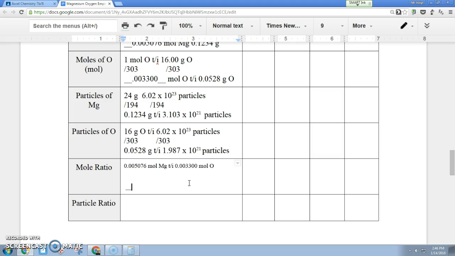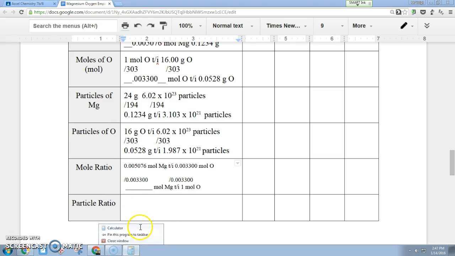So I'm solving for moles of magnesium for 1 mole of oxygen, which means I am dividing both of them by 0.003300.